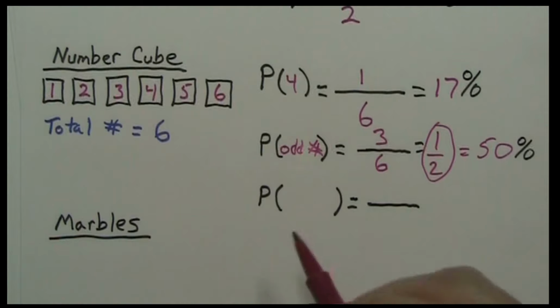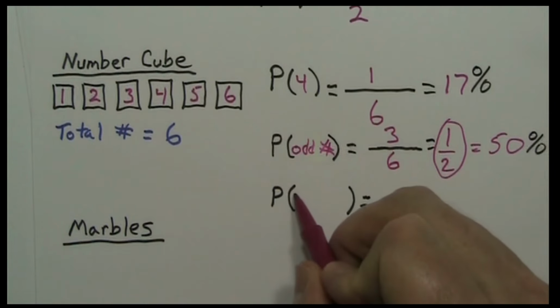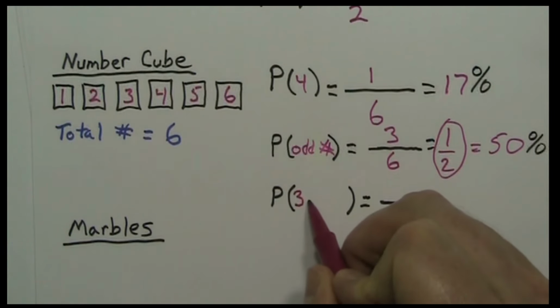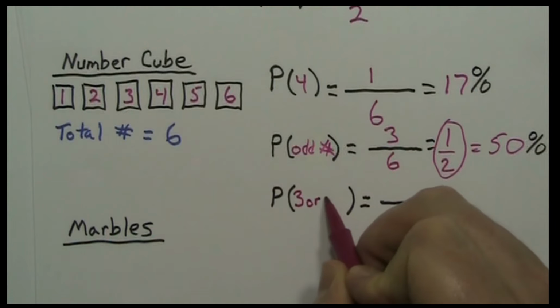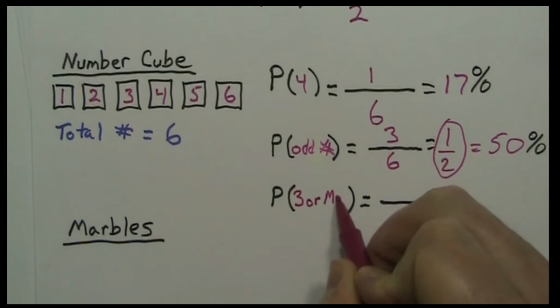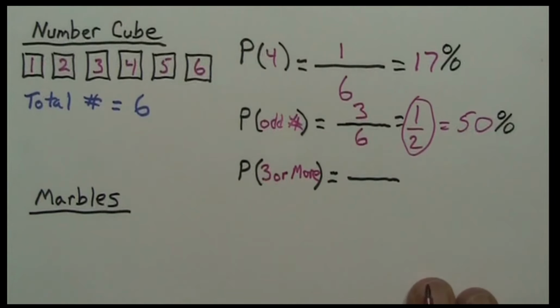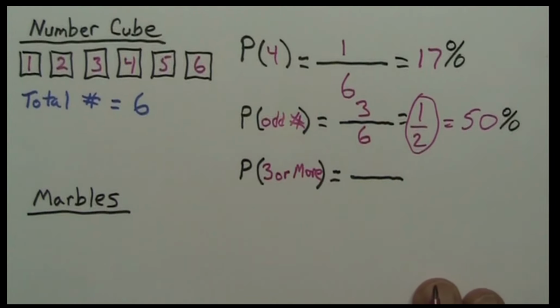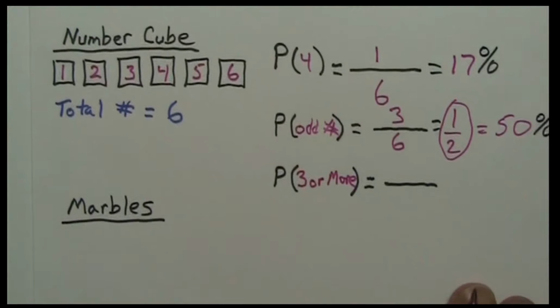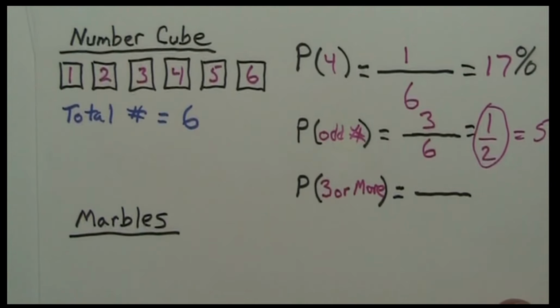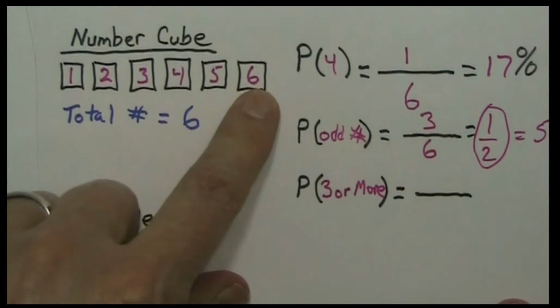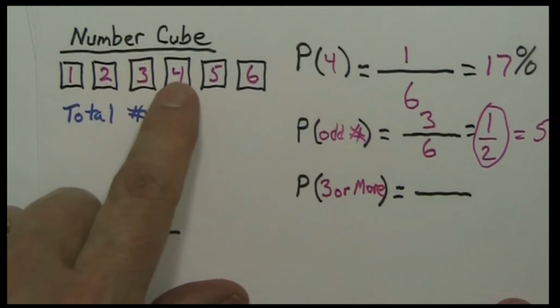Okay, what's the probability of rolling a 3 or more? Well, let's see. Here's 3, and then there's more. So 1, 2, 3, 4.